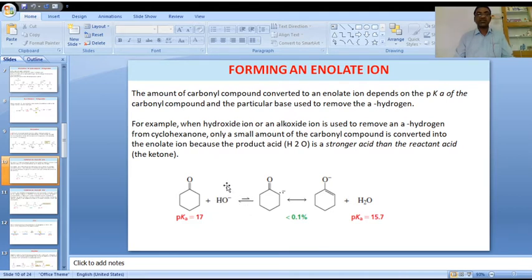On these two criteria depends the formation of enolate ion.